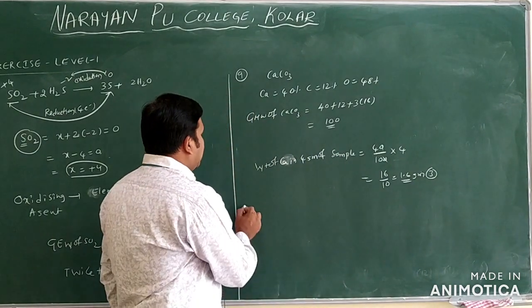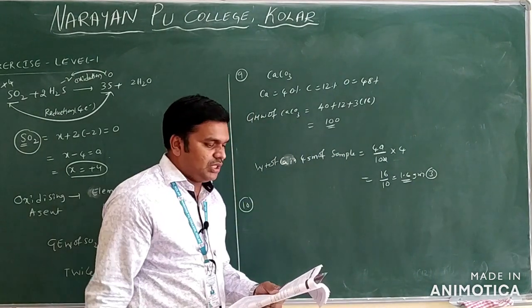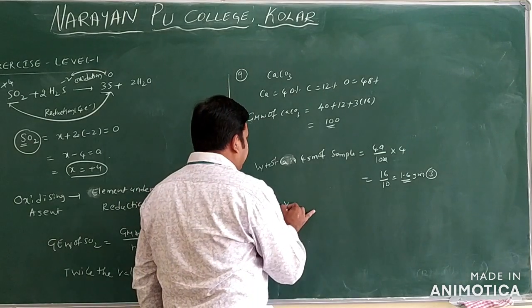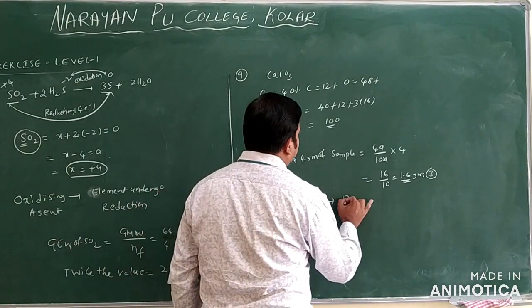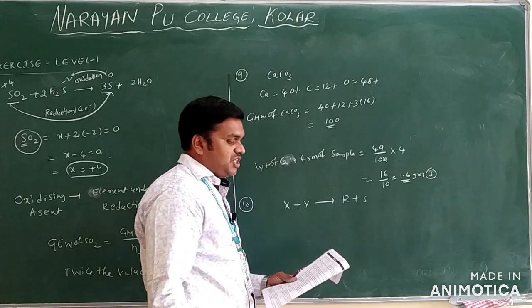Clear? Now we can see question number 10. This is a direct question only. I will write the first equation given: X plus Y gives rise to R plus S only. Now you see the question.